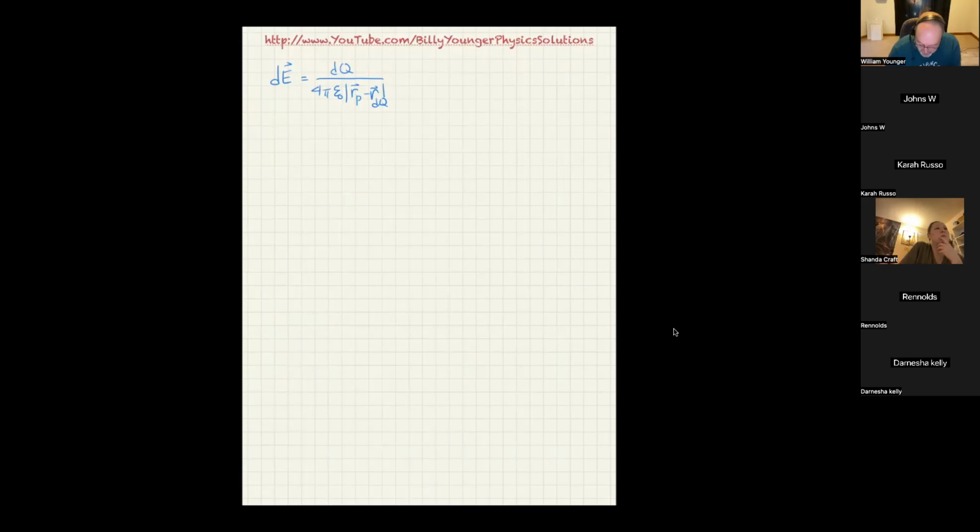Now, in general, this magnitude should be squared, but I really would like to multiply by a unit vector, which I don't have. I have a vector pointing the right direction. That vector is RP minus R dq. Let me make sure you all are following that. So RP minus R dq is the vector that points in the right way.